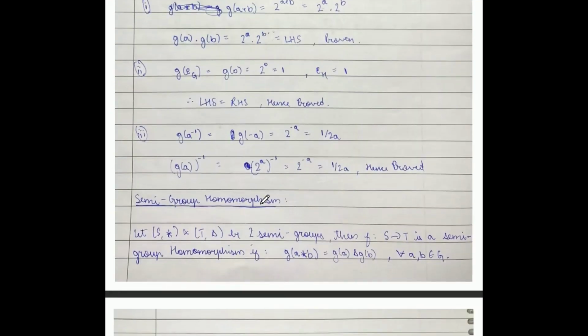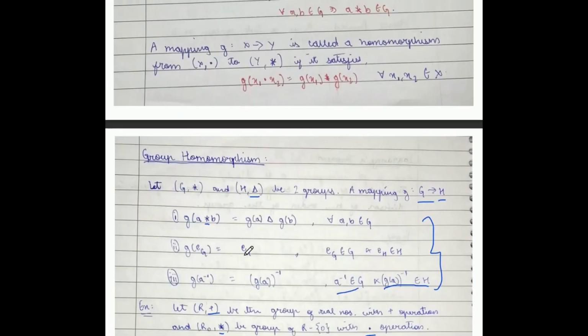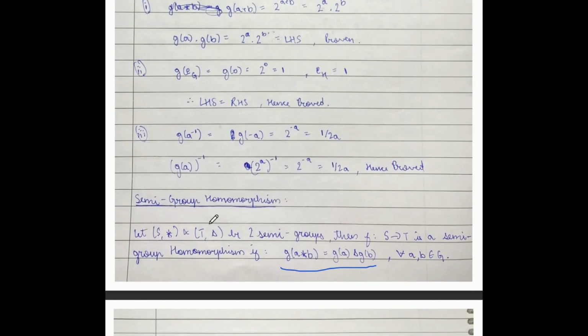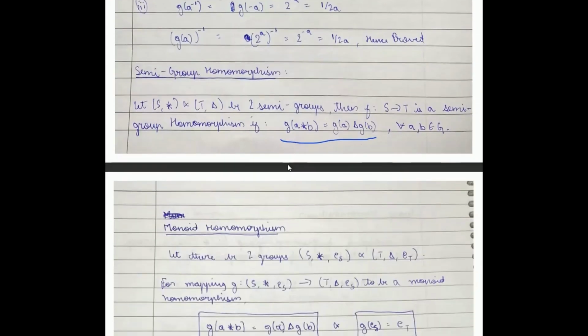Now we move on to semi-group homomorphism. It's the same as a group homomorphism, except we take (S, star) and (T, delta), which are two semi-groups, and the function f from S to T is a semi-group homomorphism if it satisfies this property. The other two properties do not have to be satisfied in this case. Therefore, if this is proven, then it's a semi-group homomorphism.